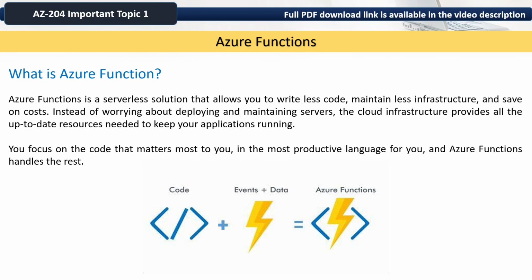You focus on the code that matters most to you in the most productive language for you, and Azure Functions handles the rest. Through the diagram, you can see how Azure Functions works. It basically combines your code and events and data.